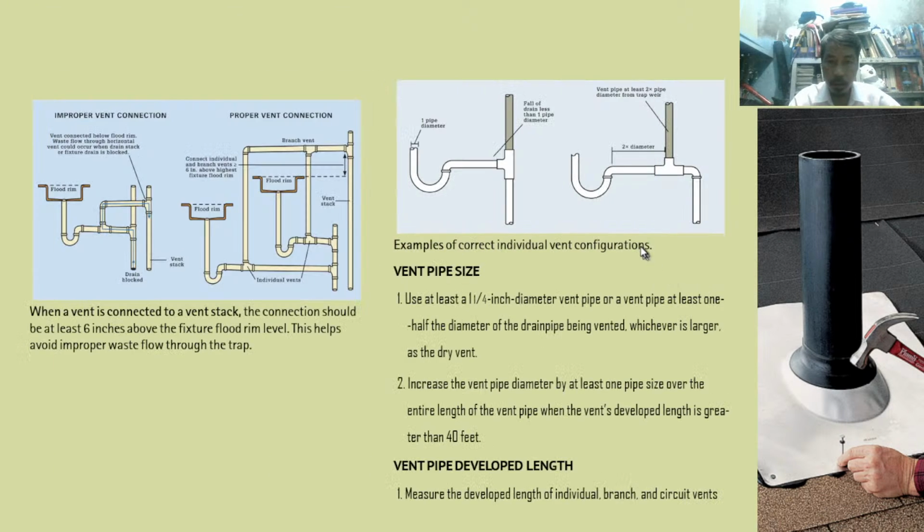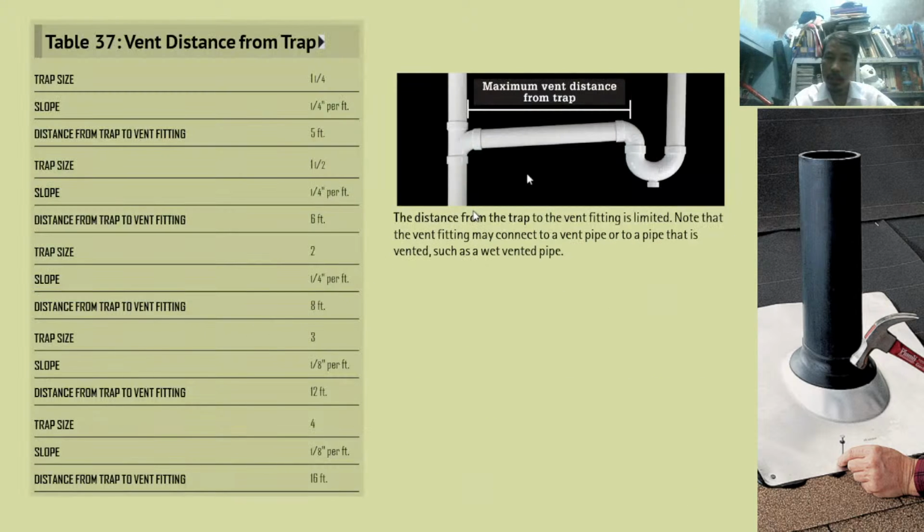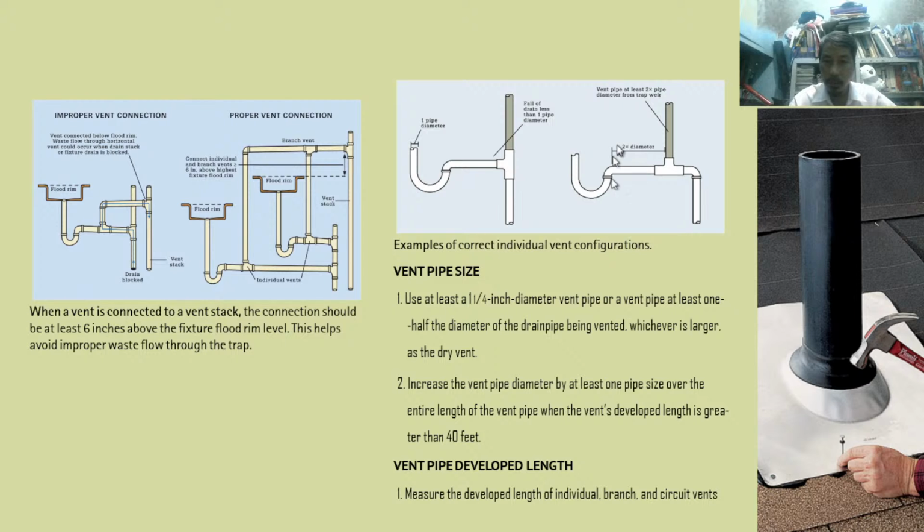So 2 times the diameter of pipe is the distance from this point to this point. But the maximum is times 4. The minimum is times 2. Minimum times 2, maximum times 4.